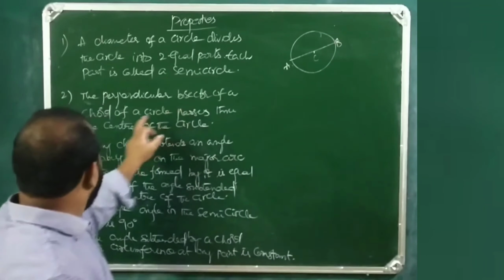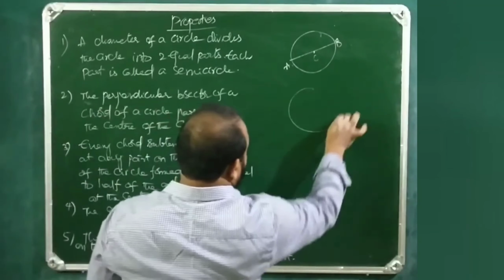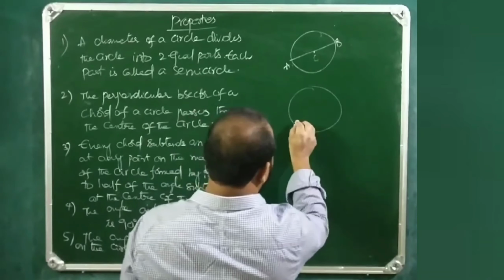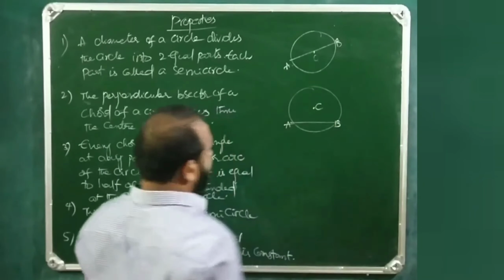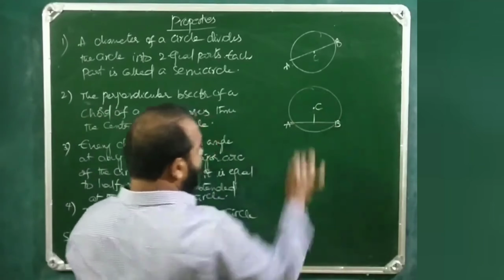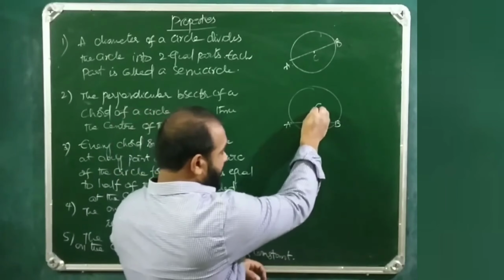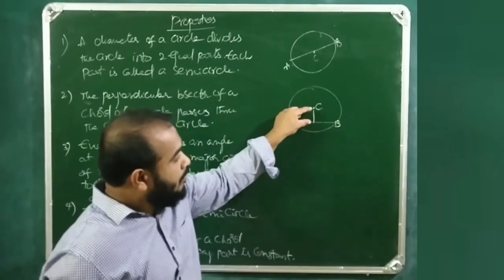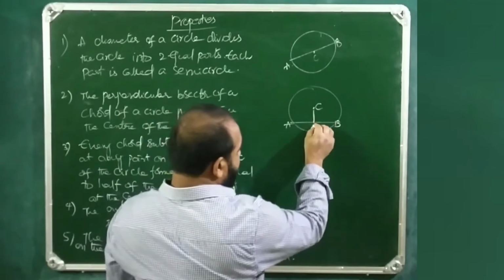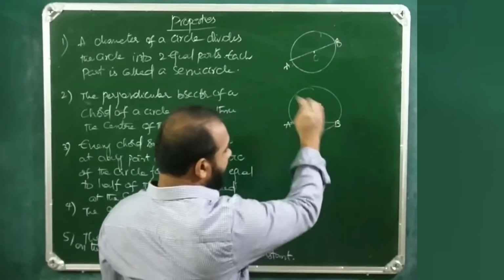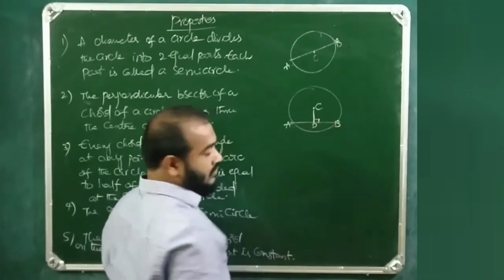The perpendicular bisector of a chord of a circle passes through the center of the circle. So, let us suppose that this is the circle, this is the chord AB and this is the center. This line is the perpendicular bisector. Why perpendicular bisector? Let us suppose that this is D. CD is perpendicular to the chord.